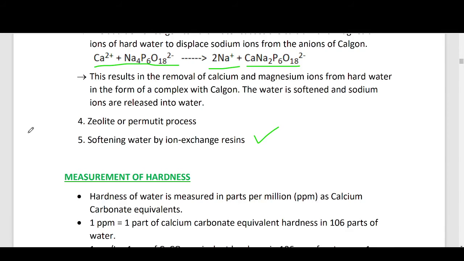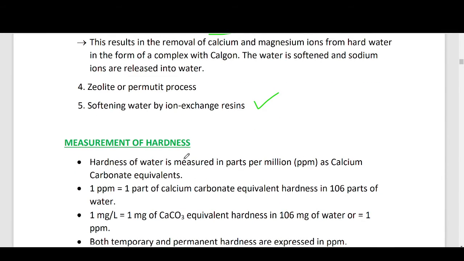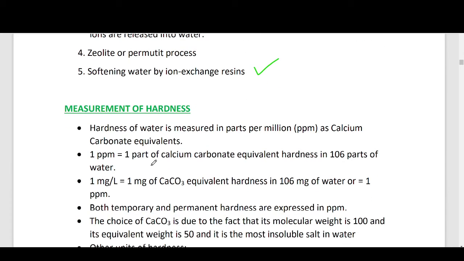So let's look into measurement of hardness. Hardness of water is measured in ppm, or parts per million, as calcium carbonate equivalents, and 1 ppm is equal to 1 part of calcium carbonate equivalent hardness in 10^6 parts of water. This implies that 1 milligram per liter is equal to 1 mg of CaCO3 equivalent hardness in 10^6 milligrams of water, or 1 ppm. So it essentially means that 1 milligram per liter is equal to 1 ppm.